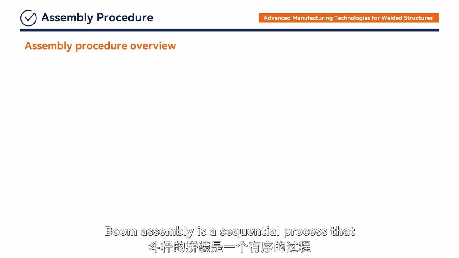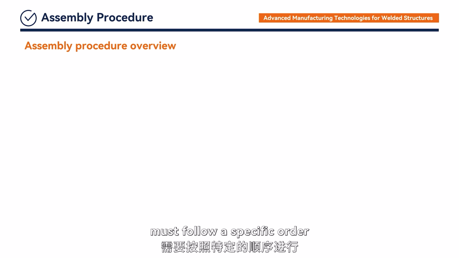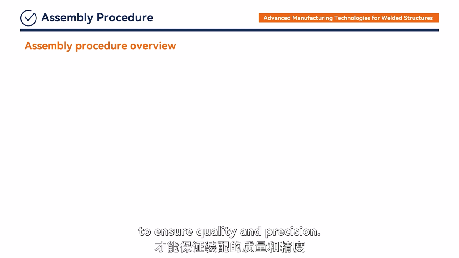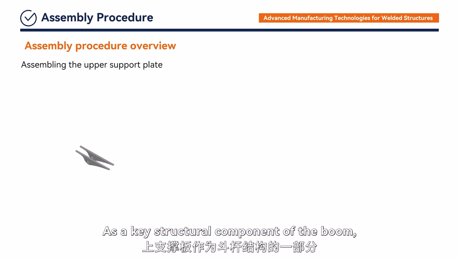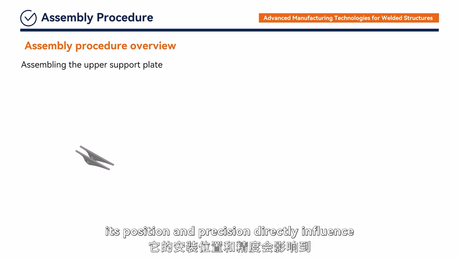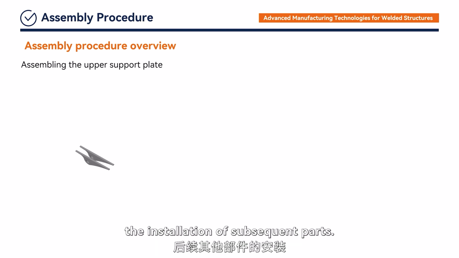Boom assembly is a sequential process that must follow a specific order to ensure quality and precision. The first step is installing the upper support plate. As a key structural component of the boom, its position and precision directly influence the installation of subsequent parts.